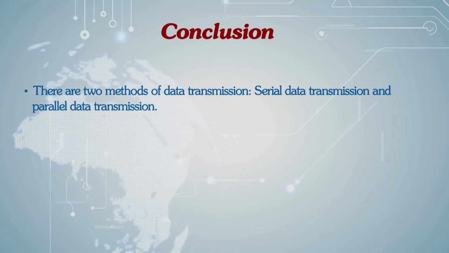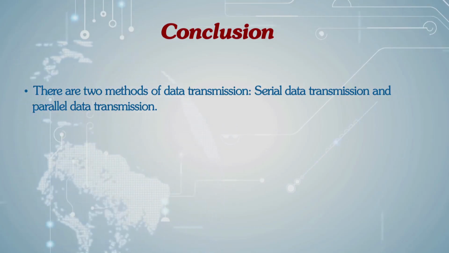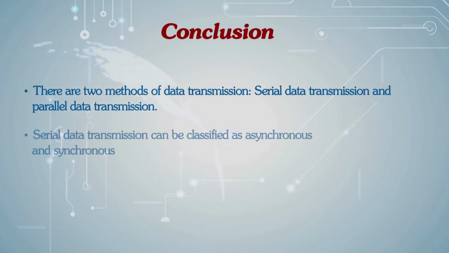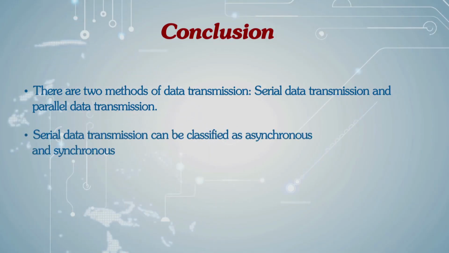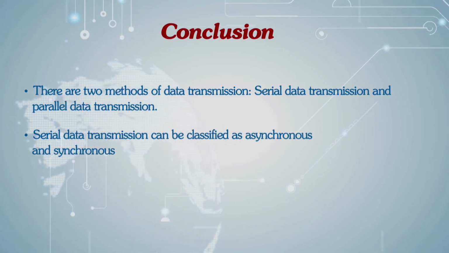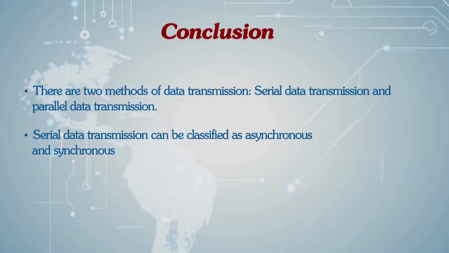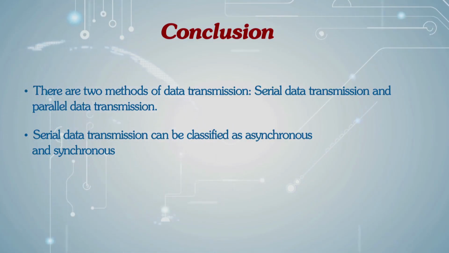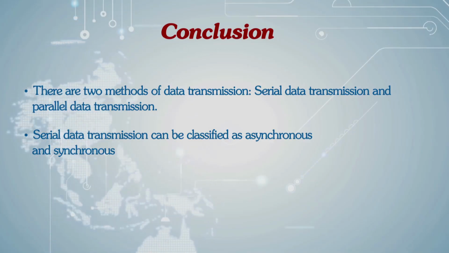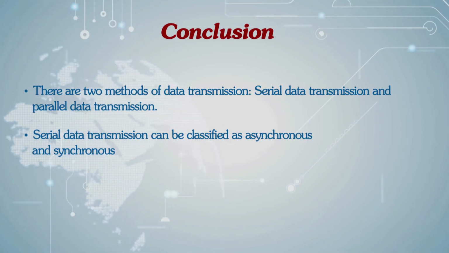One is serial data transmission and the second is parallel data transmission. Serial data transmission can be classified as asynchronous and synchronous. We have explained what is asynchronous and what is synchronous.